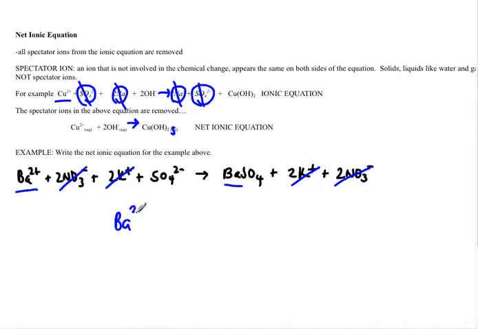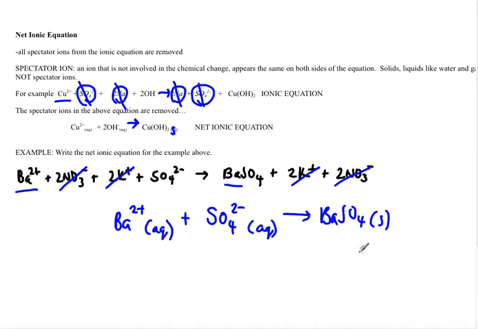And I'm left with barium 2+, which is soluble. If it's an ion, then it's dissolved in water and it's soluble. SO4 2- is also soluble. And BaSO4 is my solid, so I list it as S. So this is my net ionic equation.